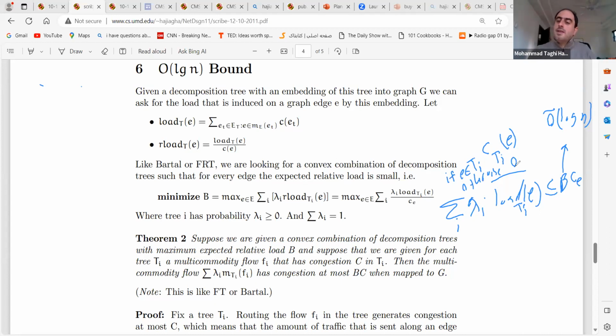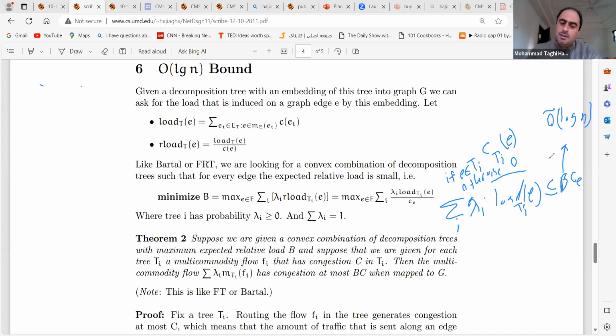Good. So this is the one that we get if you consider spanning trees. And we know that this beta is at most order log n. I will talk about this.